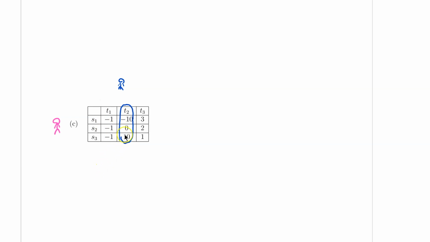If Bob plays T2, on the other hand, she should play the last row, because that means she will get $10 from Bob, and that is the better option for her. If Bob plays the last column, then she changes her mind. She should play the top row instead, because that means she will get $3 from Bob.